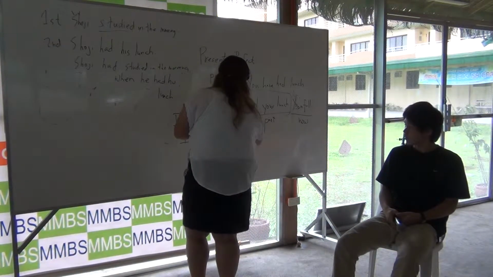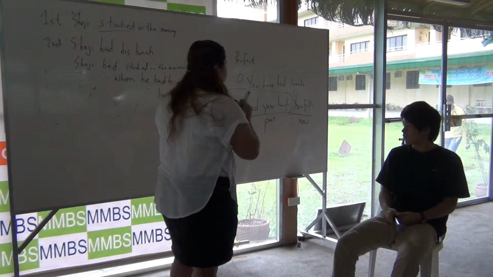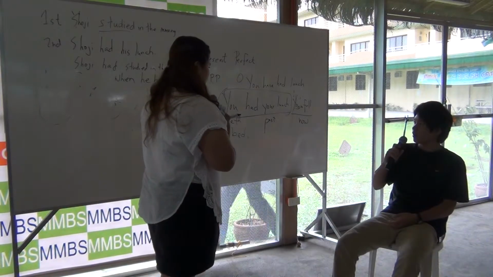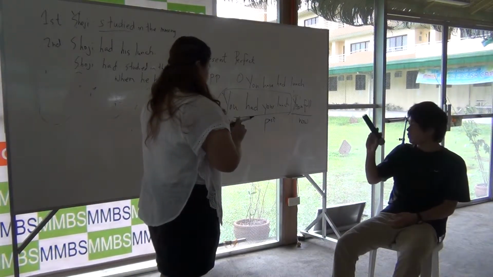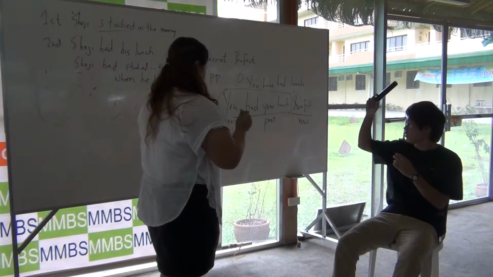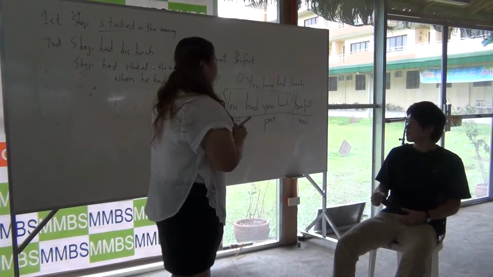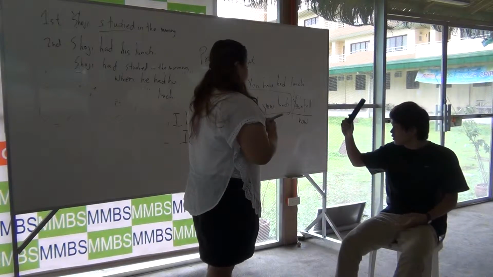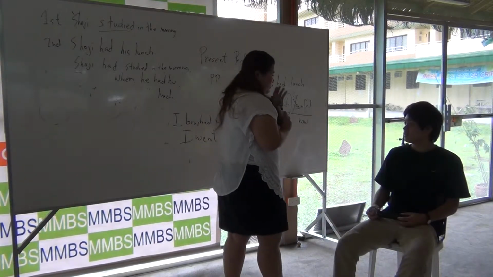Now, could you combine these two sentences into one with the use of when and past perfect? I had brushed my teeth when I went to bed. Okay, which action happened first? I brushed my teeth. And then after that you went to bed. That's very good, Shoji. That's clear.